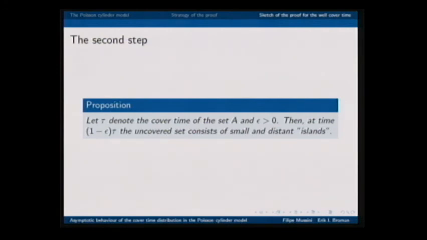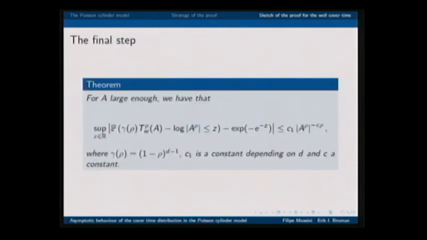This is a little bit difficult to explain, but there is a picture. So we have a red set somewhere here completely covered, and if you go back in time, just before the set is covered, a time epsilon before it, we'll have these very small sets, and then we can apply the previous theorem. So we bring in some machinery here, and then we get this kind of theorem.